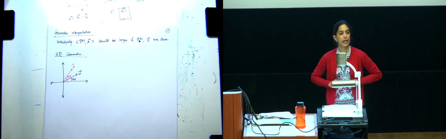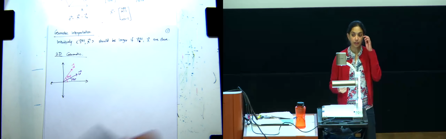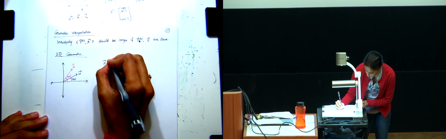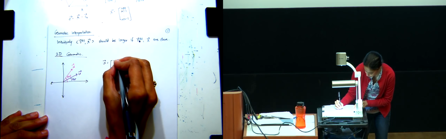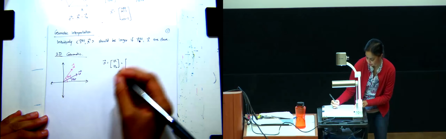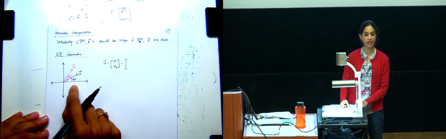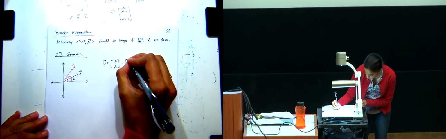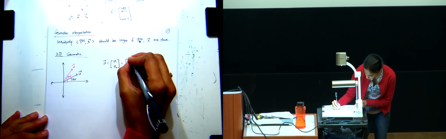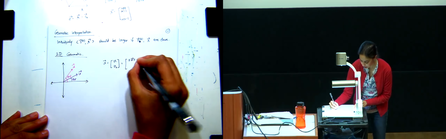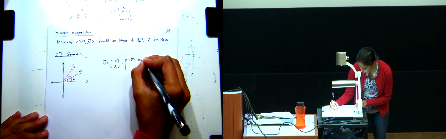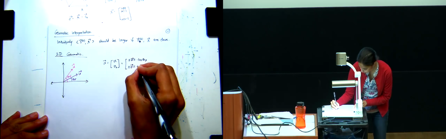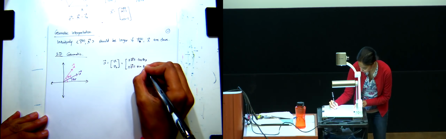So now, can I use these angles to say something about my vectors? Let's say my v is equal to v1, v2. I can rewrite this in terms of theta v using trigonometry. This is equal to the norm of v times cosine of theta v, and the norm of v times sine of theta v.